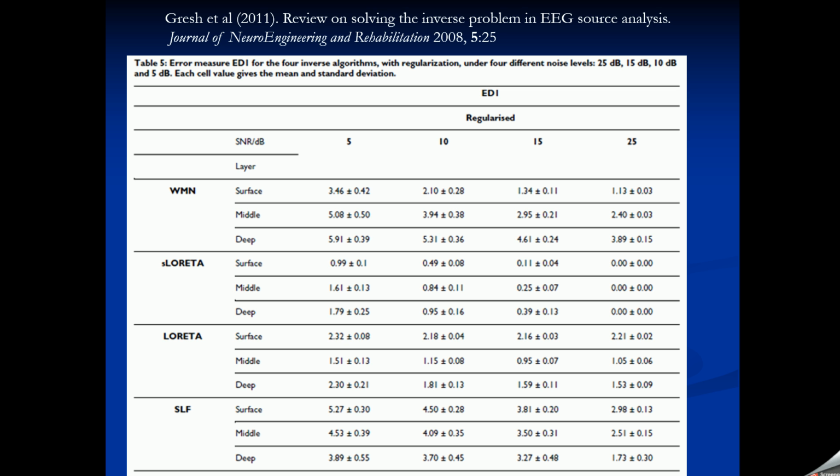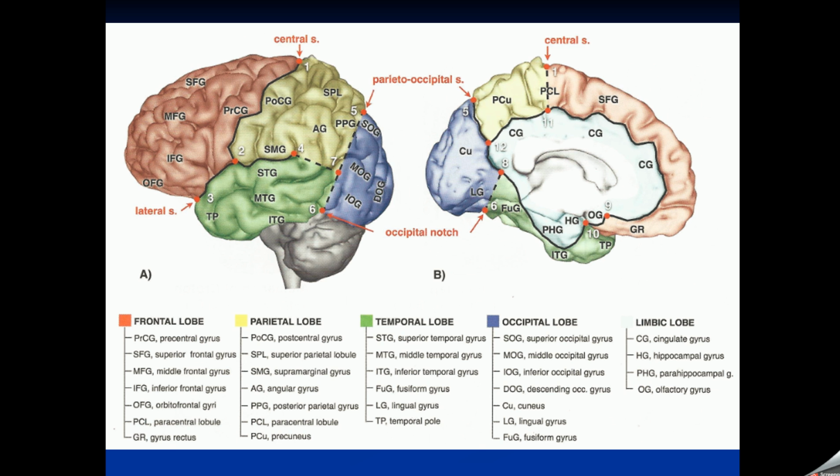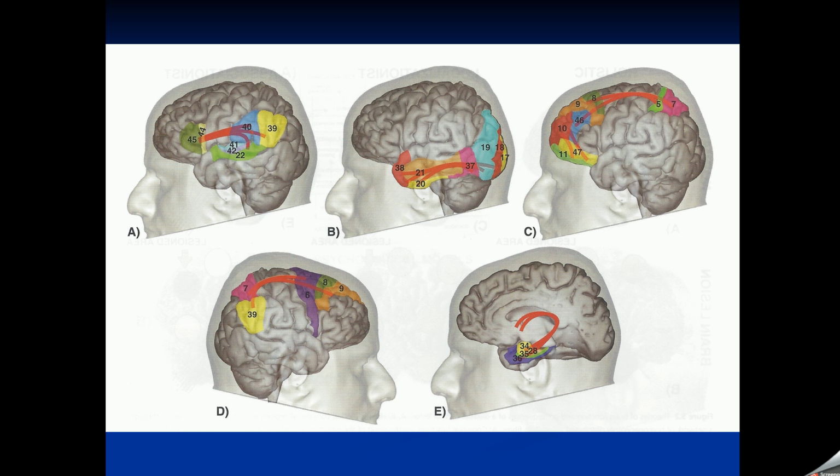And this gives you the accuracy of the inverse solutions. A lot of this I will be taking out. I'll probably show this one because we work with binaries and hubs, and we link the networks to the connectivity that connects the hubs.